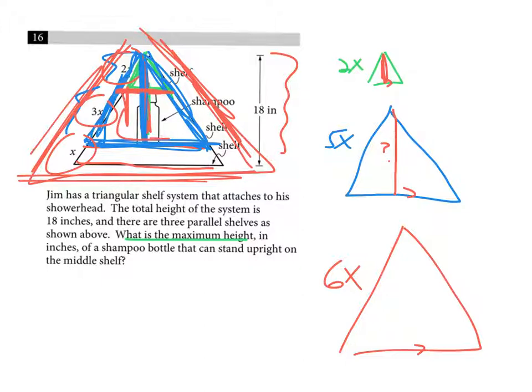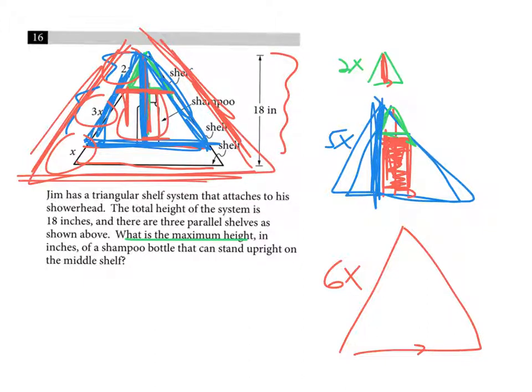The shampoo doesn't go all the way up to the top. So the height of the shampoo bottle is the altitude of the blue triangle minus the altitude of the green triangle. So you're going to have to take this entire blue altitude minus this particular green altitude. That's going to be the challenge of the question.